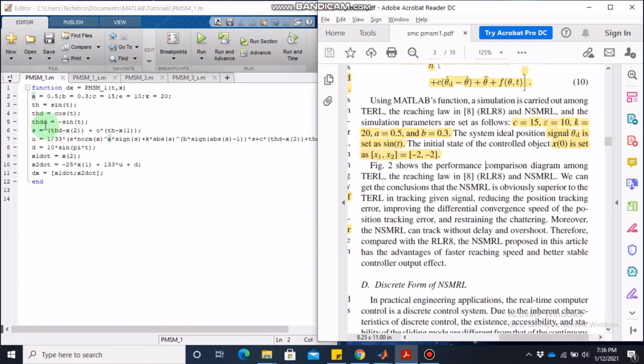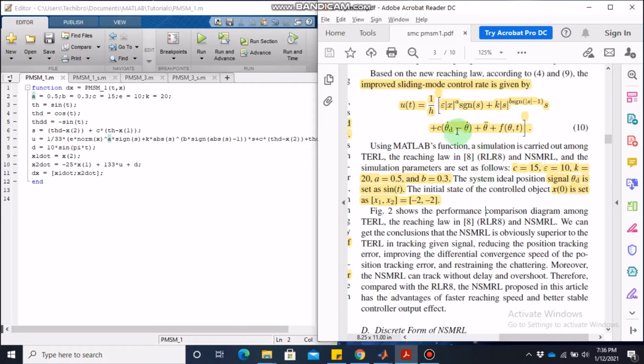We also are going to use the double derivative of theta, because you can see in this expression for the control, the double derivative of theta appears, and the double derivative of theta dot actually does not appear. So we will have to look into this.